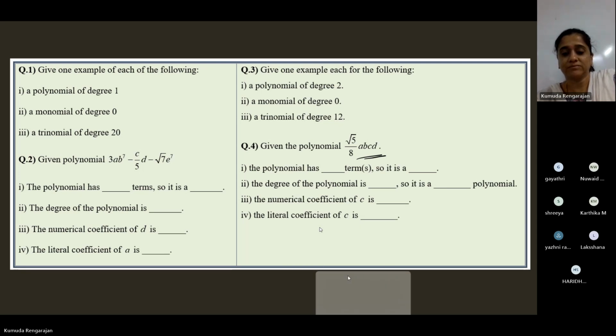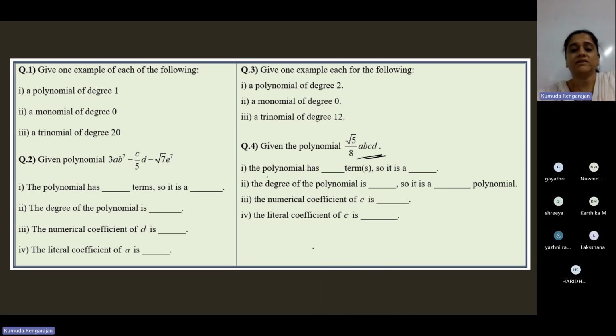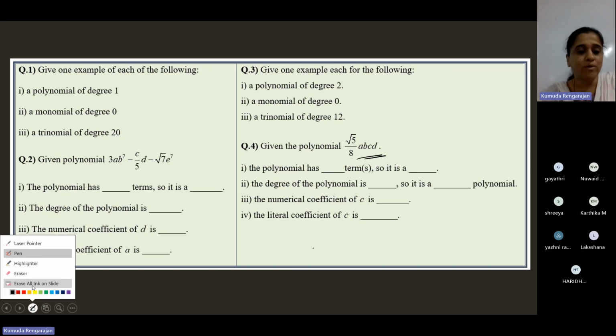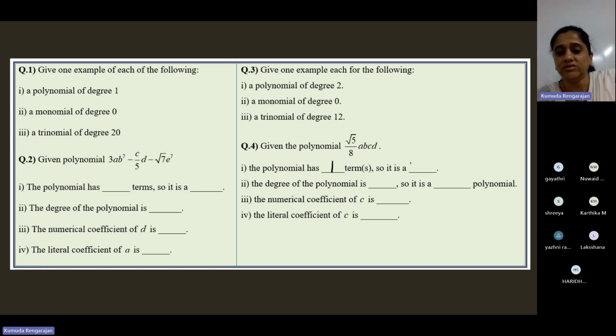The polynomial has one term. So it is a monomial. Very good. Next, the degree of the polynomial is 4.